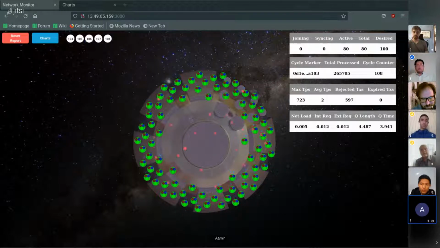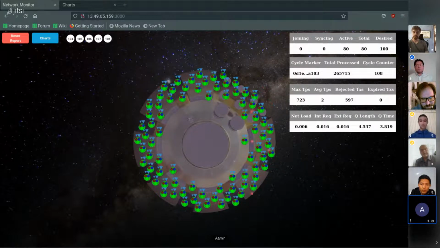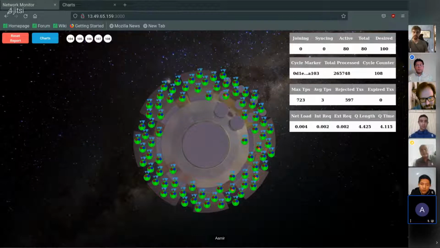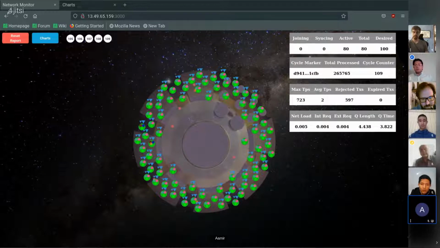And so the nodes then have to communicate and synchronize and get the state data from their peers. And that is where we had some issues last time. And hopefully, this time it'll go smoothly.